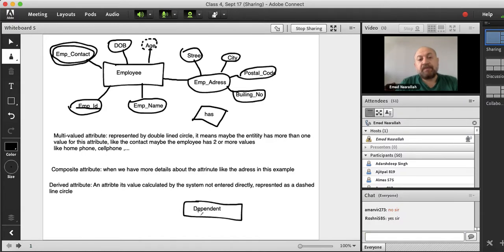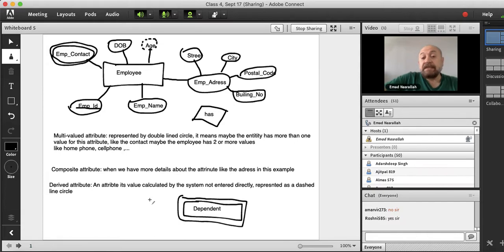And we represent it as a double-lined rectangle or box. This is a weak entity. Any one of dependent is a weak entity.